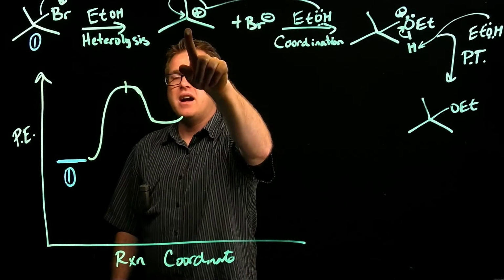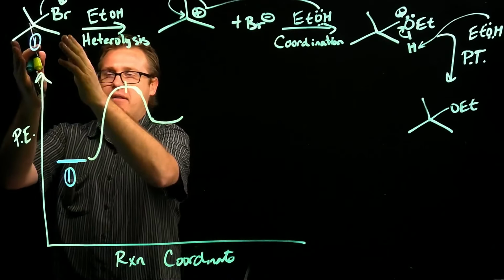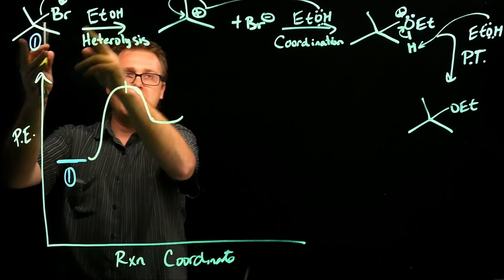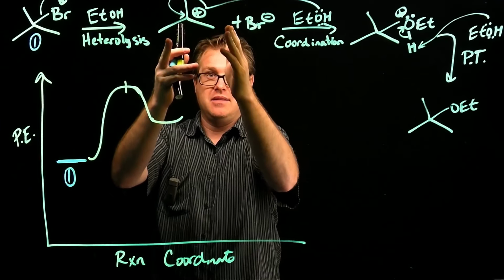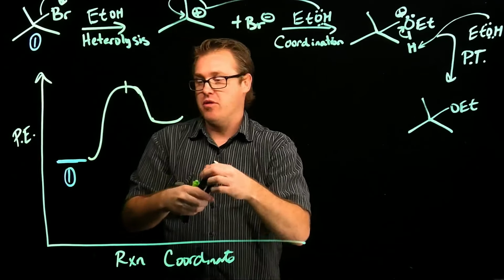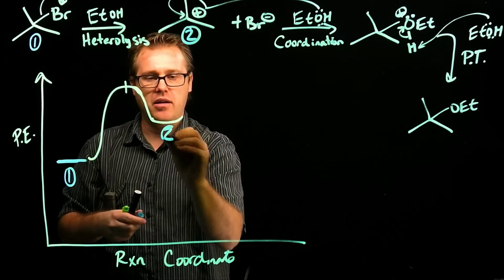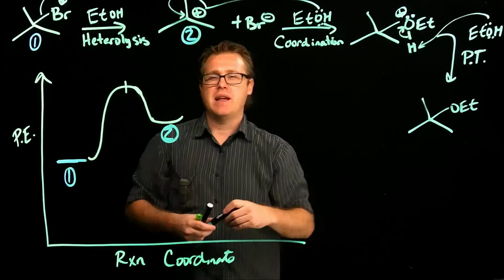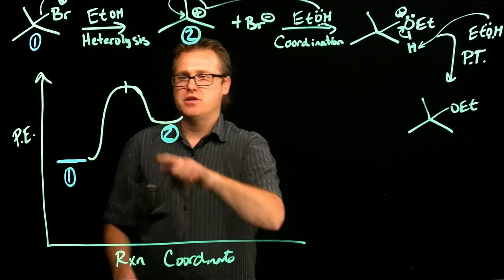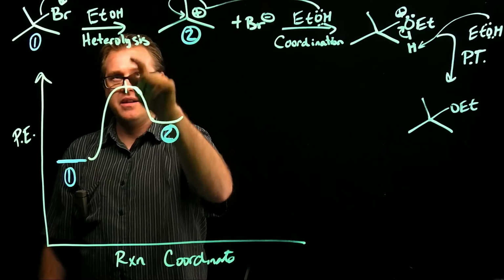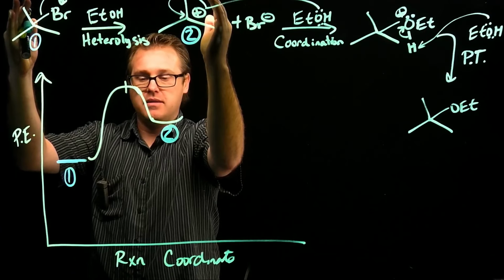The carbocation is what's called an intermediate because after the heterolysis step, there's a moment in time where you create this. And so if we number that, this molecule is going to be right here. The carbocation is an intermediate. This right here is the transition state for this process.